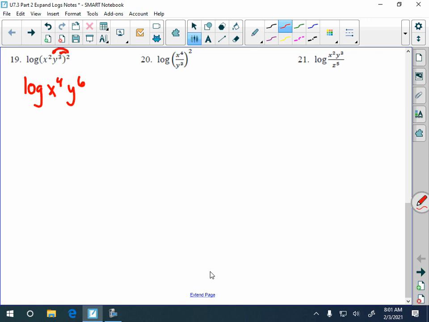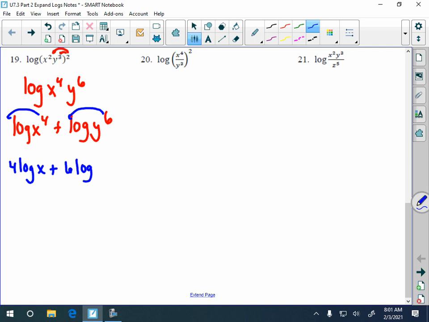We have multiplication in between. That has to be done first, so we're going to expand this to addition. Then exponents move down in front of their logs. And that's about as far as you can go.